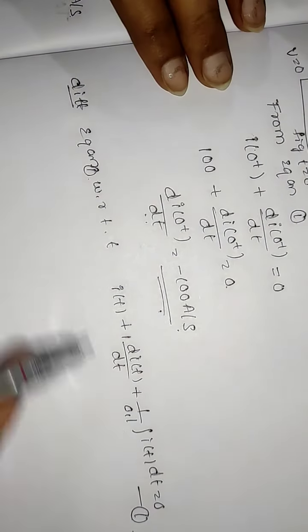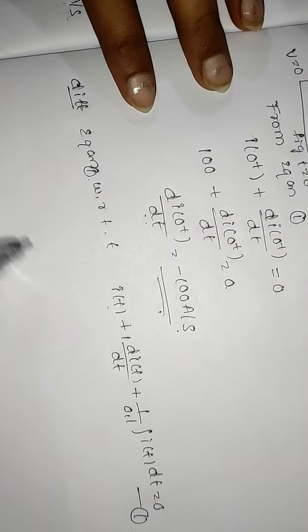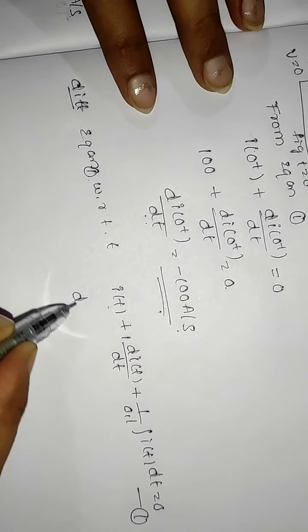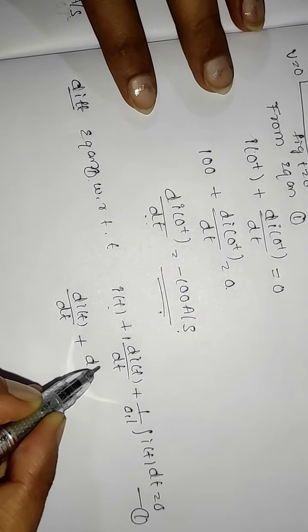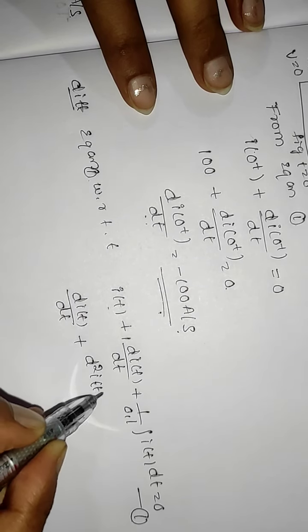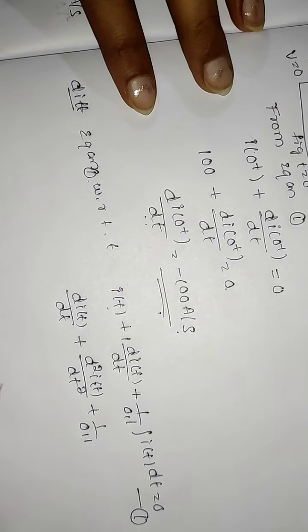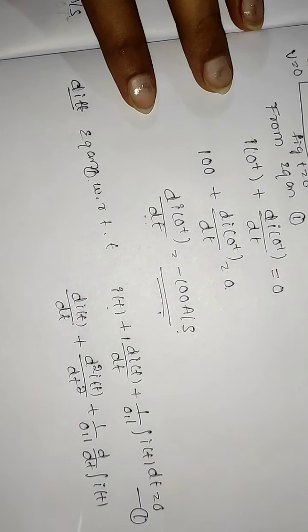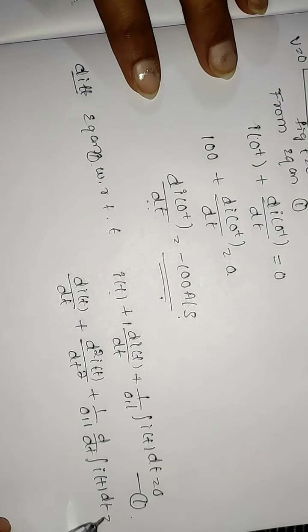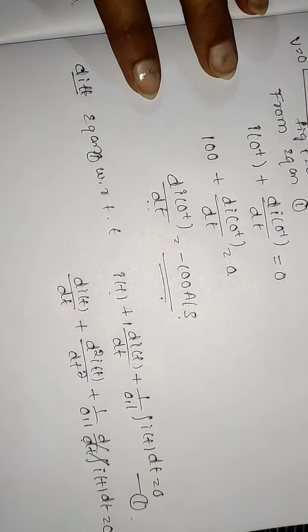Now differentiating equation 1 with respect to t. I of t differentiates to dI of t divided by dt, next d square I of t divided by dt square, next 1 divided by 0.1 times d by dt of the integration of I of t dt, and the integrating and differentiating terms cancel each other.